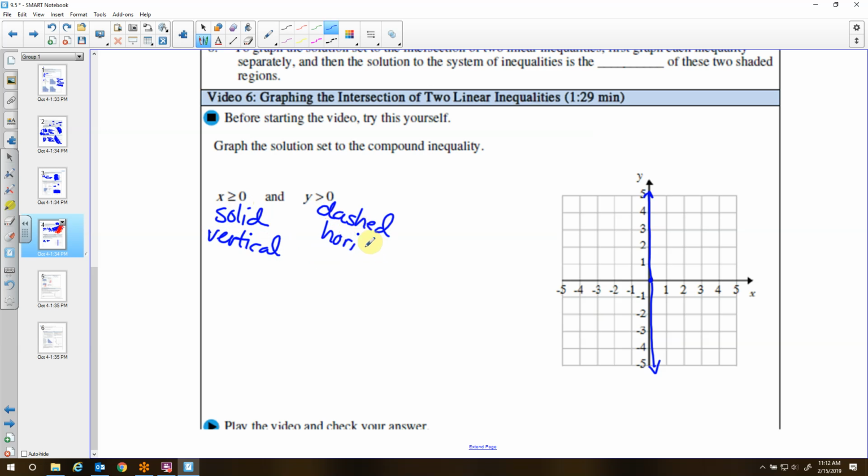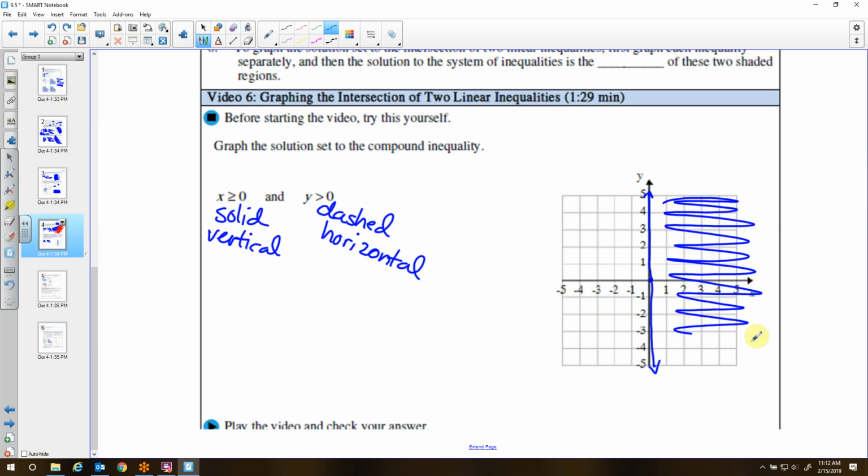But I haven't done shading yet on the x. So x is greater than or equal to 0 are going to be over here to the right, so I'm going to shade that one. Okay, let me pick up red and do the y. All right, it's going to be dashed, and it's dashed horizontal at 0, and greater than is above it.